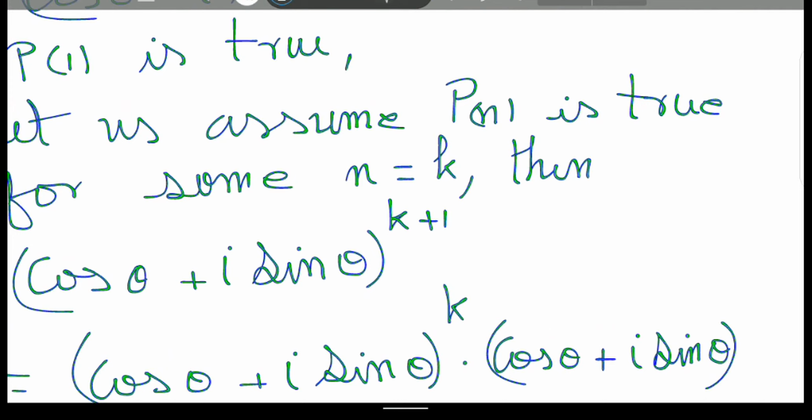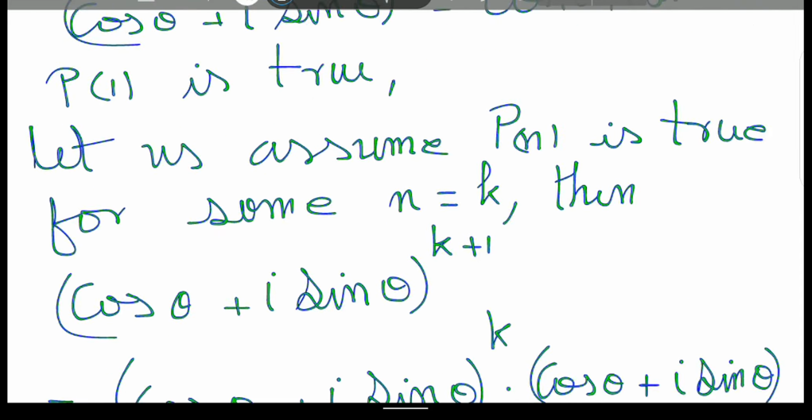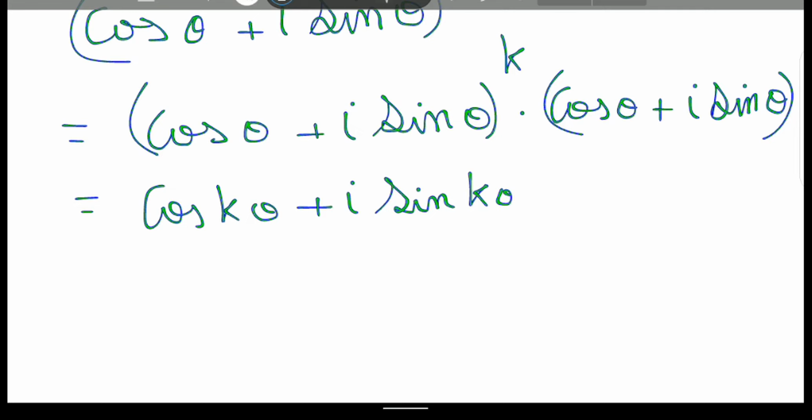Let us assume Pn is true for some n equal to k. When you write k instead of n, we have Pk is true. So by that assumption, we can replace this quantity with (cos k theta plus i sin k theta) whole thing into (cos theta plus i sin theta).